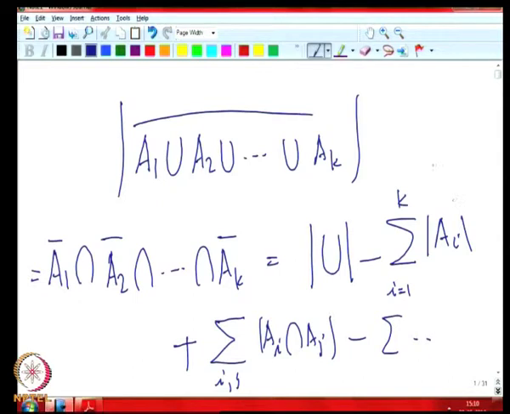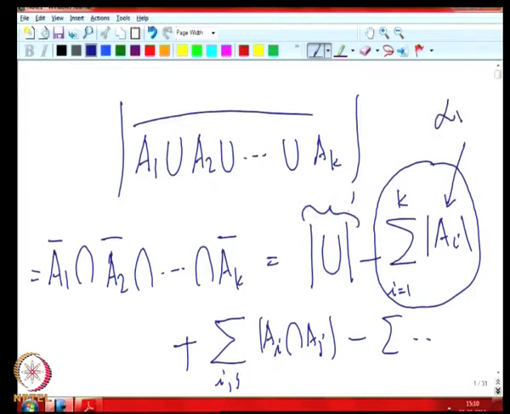But here look at this term: each A_i has cardinality alpha 1. So this is alpha 0, and each of these has cardinality alpha 1, therefore the total here is K times alpha 1, we can say K choose 1 times alpha 1. Similarly for every pair, irrespective of which i and j, the cardinality is alpha 2. So the total here will be K choose 2 times alpha 2.